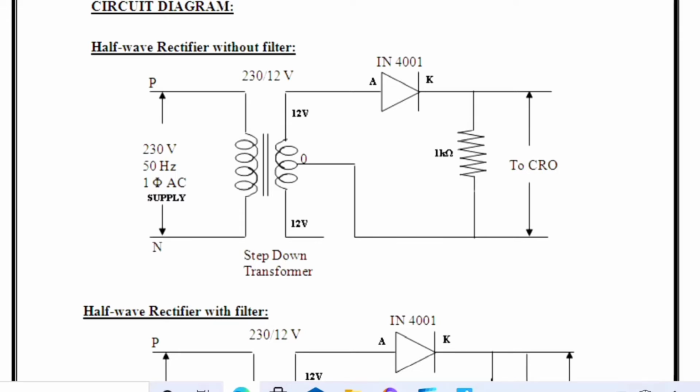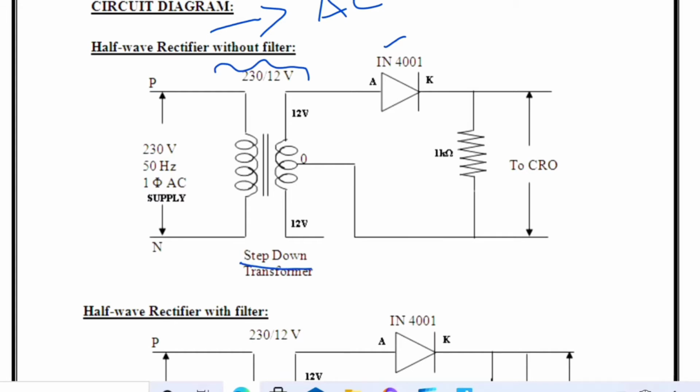So what does a rectifier mean? A rectifier is a circuit which is used to convert AC into DC. For the conversion we need a diode because a diode is unidirectional. To couple an AC circuit with a DC conversion, we need a transformer.